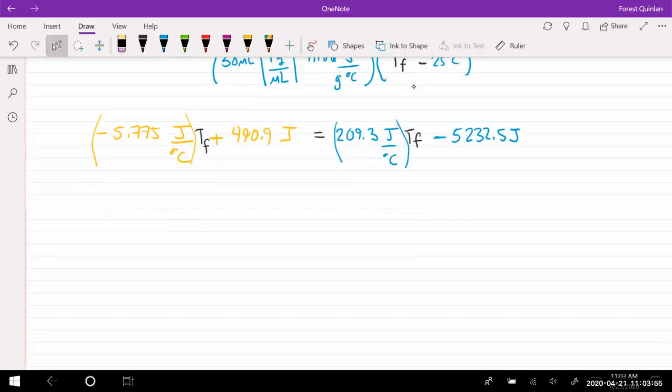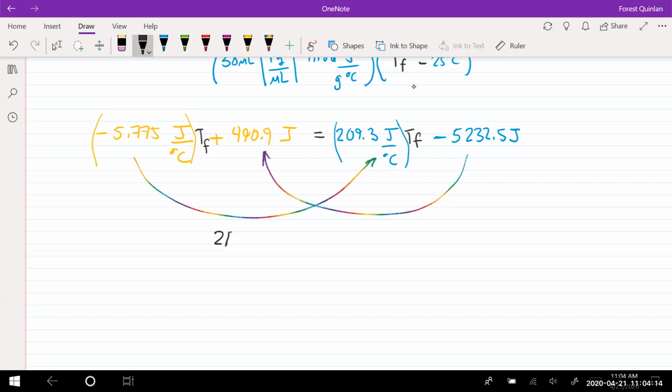All right, hopefully you see that if I take my negative over to this side and my joules over to there, we're going to get positives everywhere. So Dallas, if you can take 209.3 and add the 575 to it. 215.075. So 215.1, I'll just go.